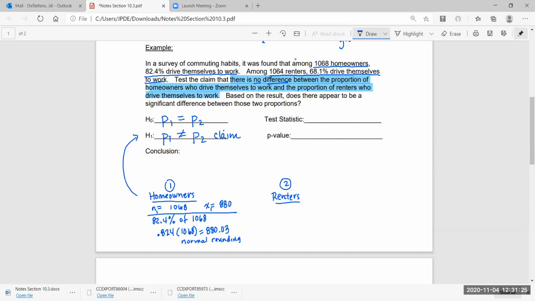Now for the renters, it says there's 1,064 renters and 68.1% of those people drive themselves to work. So this would be 0.681 times 1,064.